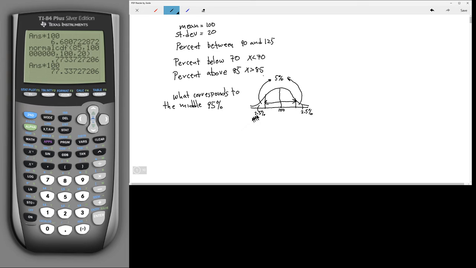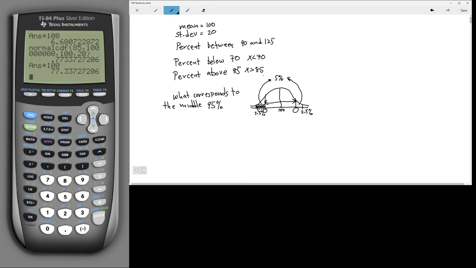Okay, so in order for me to calculate the boundaries that correspond to this, I have to do two calculations. I have to do one for this, and I have to do one for this. So the one on this side is going to be, now again, the inverse normal always gives area to the left.